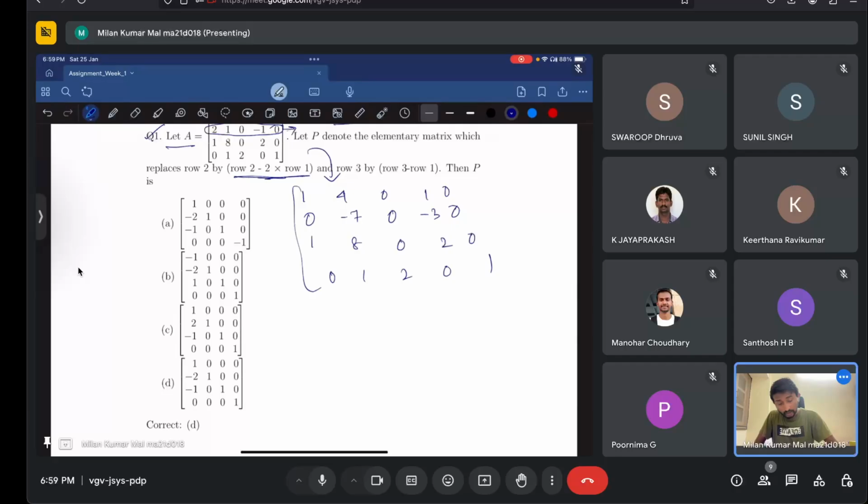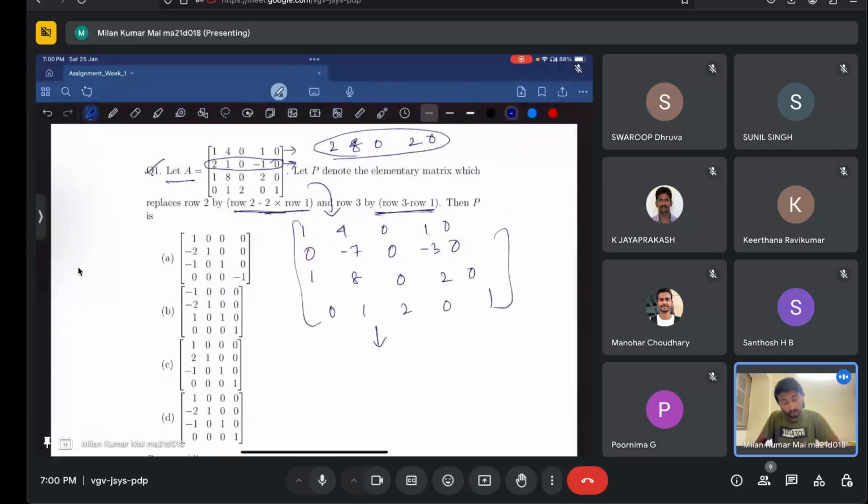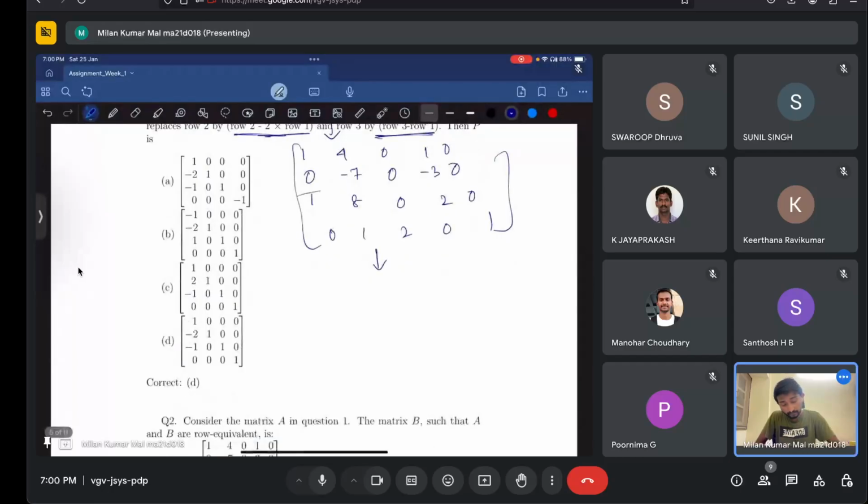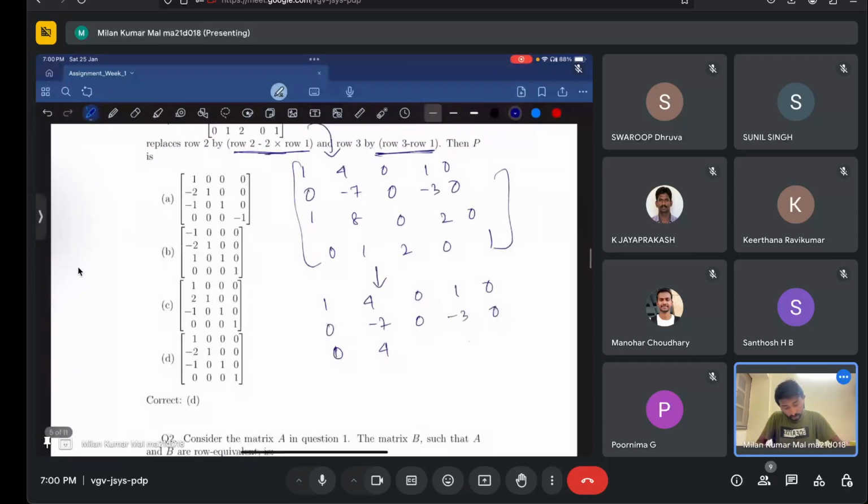Now, if we do the operation row 3 minus row 1, row 1 stays as it is, and for row 3 minus row 1 we get 0 2 minus 1 1 0.